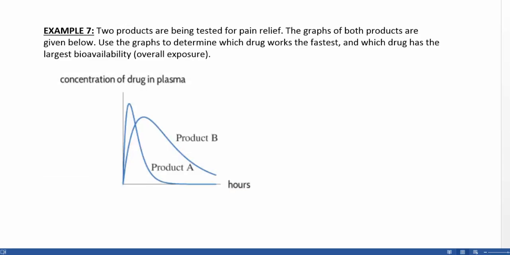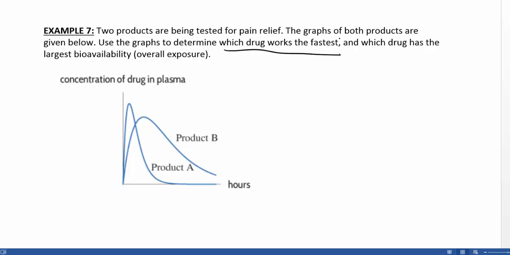Example 7. Two products are being tested for pain relief. The graphs of both products are given below. Use the graphs to determine which drug works the fastest and which drug has the largest bioavailability or overall exposure. So, which drug works fastest? Again, that has to do with absorption.